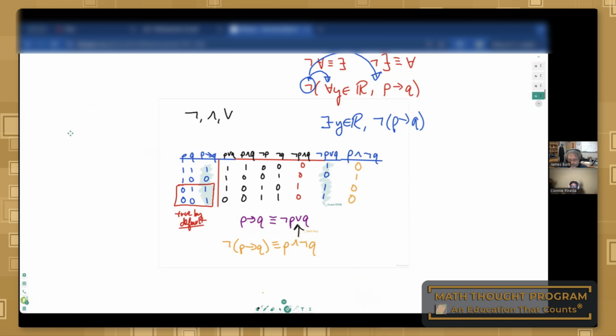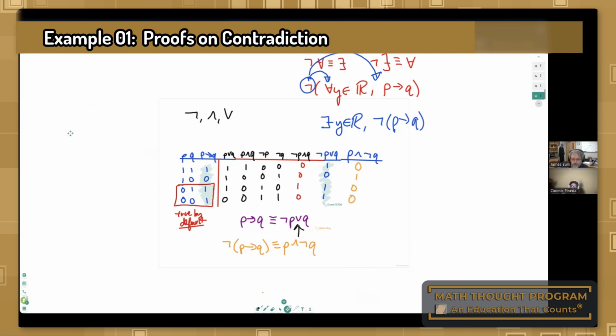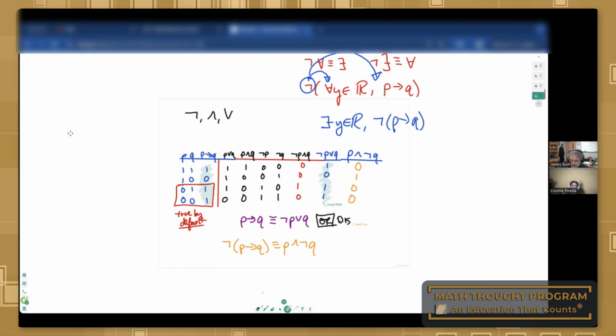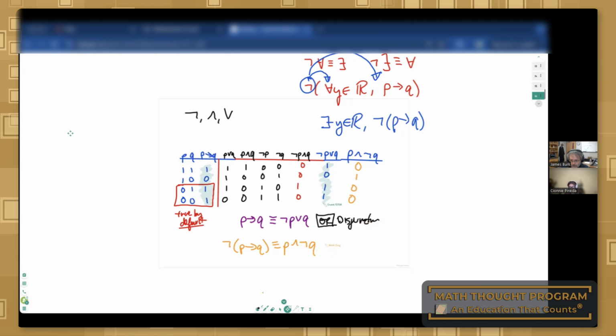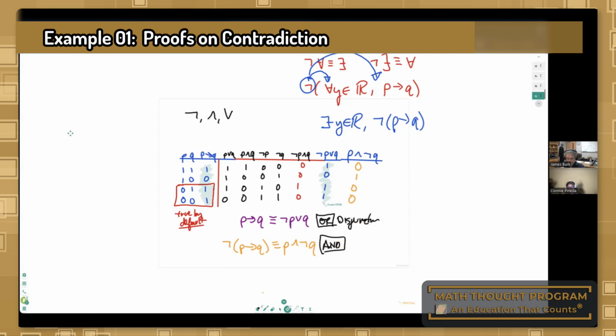What's that right there? It's an or statement. It's your disjunction. What about this statement there? It's and.